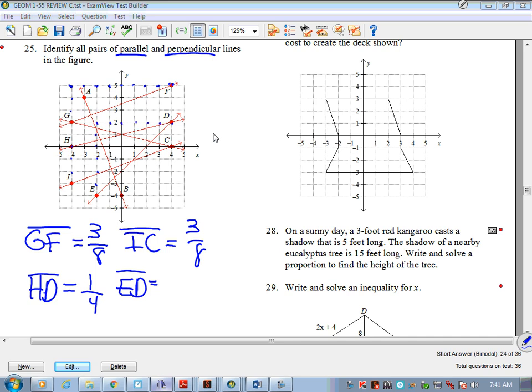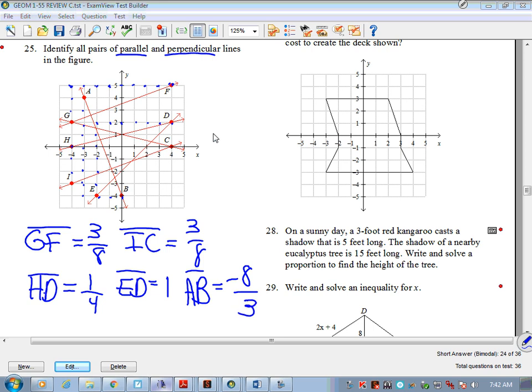So it really has a slope of 1 because it's going up 6 over 6, so the reduced fraction is just 1. And finally, AB, segment AB, has a negative slope from A to B, so it's going down 1, 2, 3, 4, 5, 6, 7, 8.